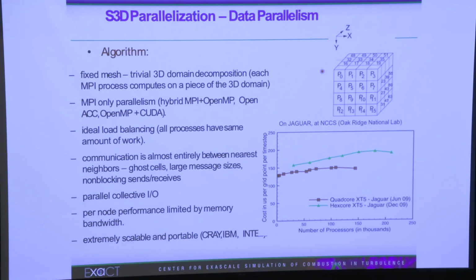The ghost zone at these processor boundaries is communicated using non-blocking MPI sends and receives among all the nearest neighbors in this 3D processor arrangement.